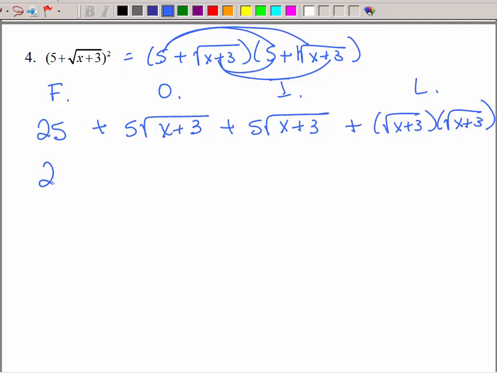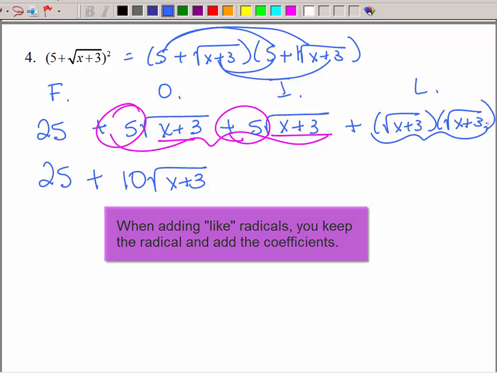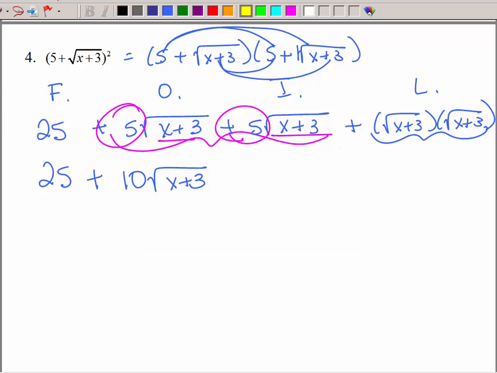All right, so I have 25 plus... Are those alike? Yes, they are. The square roots are the same, so we keep the square root and add the coefficients. But what about this? What happens when you have the same square roots multiplied together?